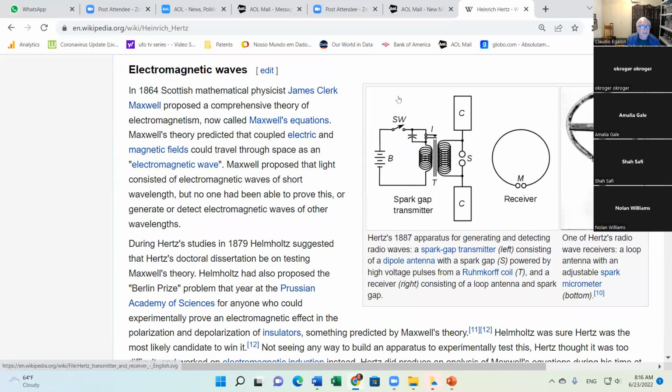Not only did he demonstrate the existence of electromagnetic waves, that's the breadth and depth of his contribution, not only did he build an apparatus to show that electromagnetic waves exist, but in the process, he discovered something new called the photoelectric effect, something that he was not able to explain at his time. The photoelectric effect was only explained later on by Einstein himself, 20, 30 years later.